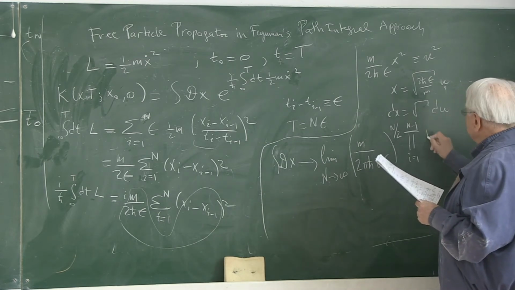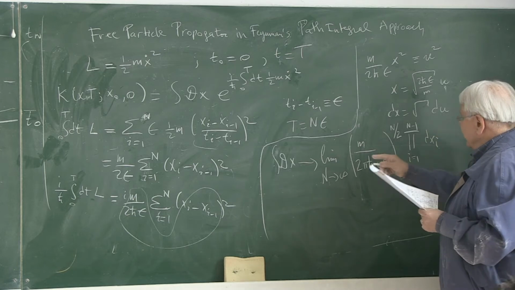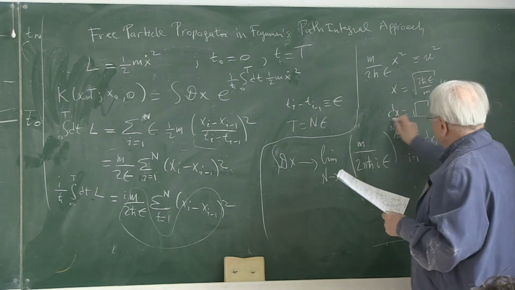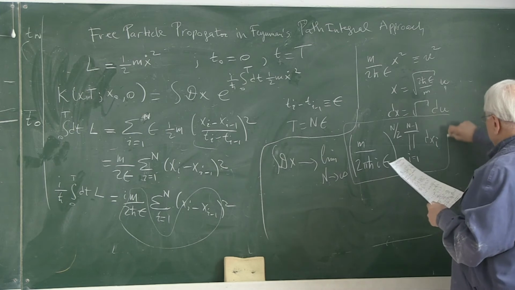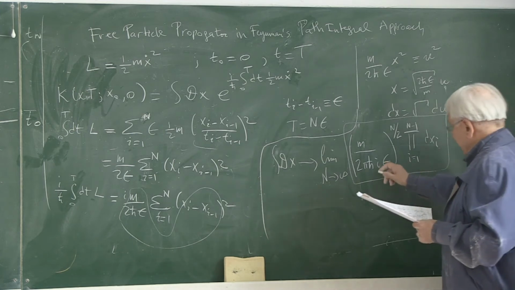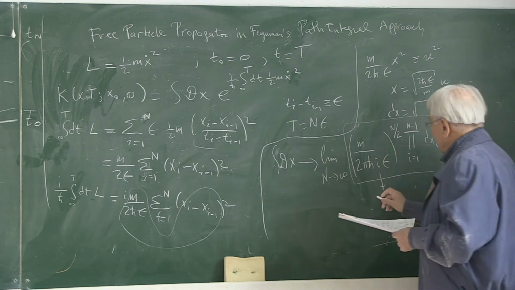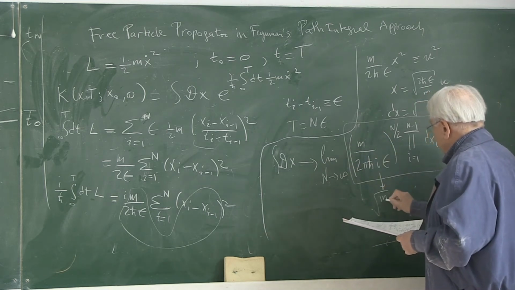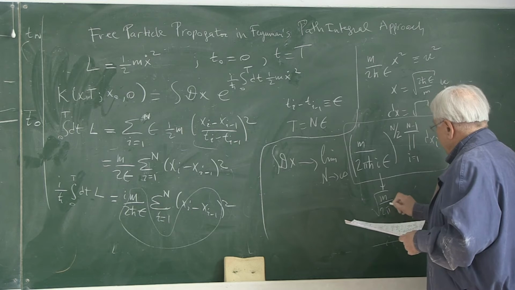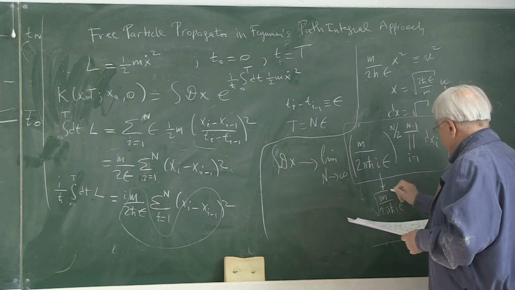Times dx_i. I will rewrite this in a slightly different fashion to make everything look nice. Now I will write underneath. Limit n goes to infinity is still there. I leave one of these out, 2 pi h bar i epsilon.